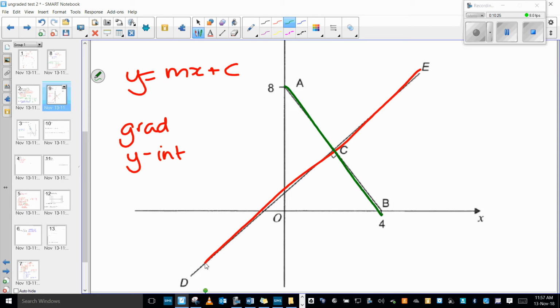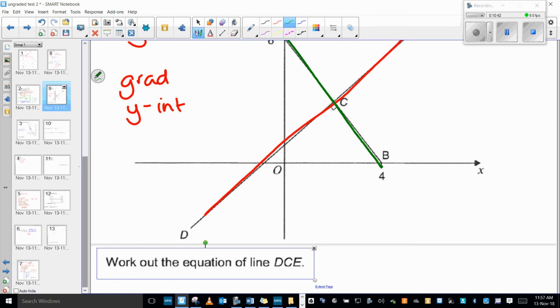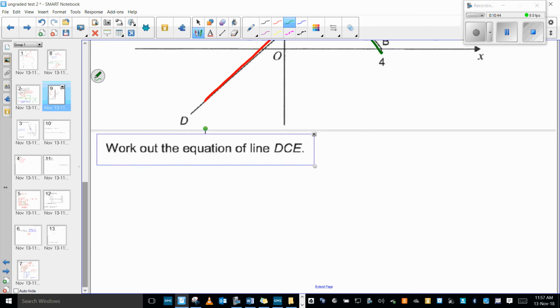So how do we find the gradient of line AB? You've got two ways of doing it, either from the diagram or from the coordinates. Let's work with the coordinates then. So gradient of AB: 0 subtract 8 over 4 subtract 0.